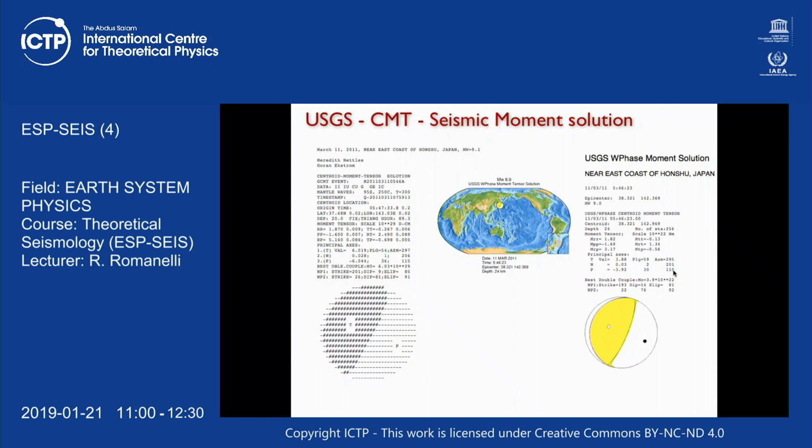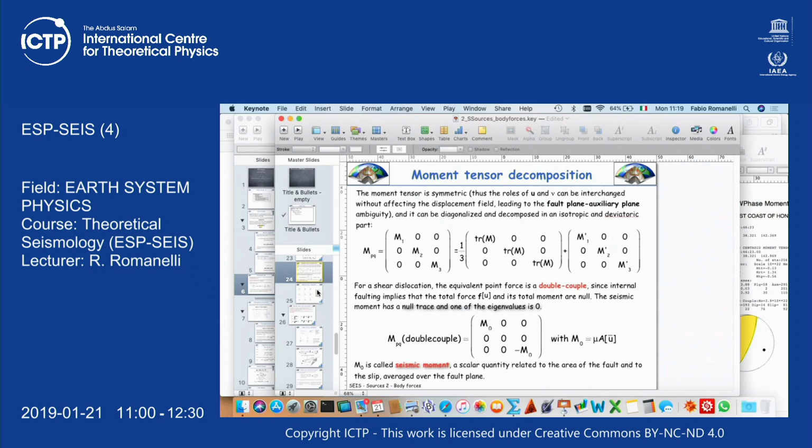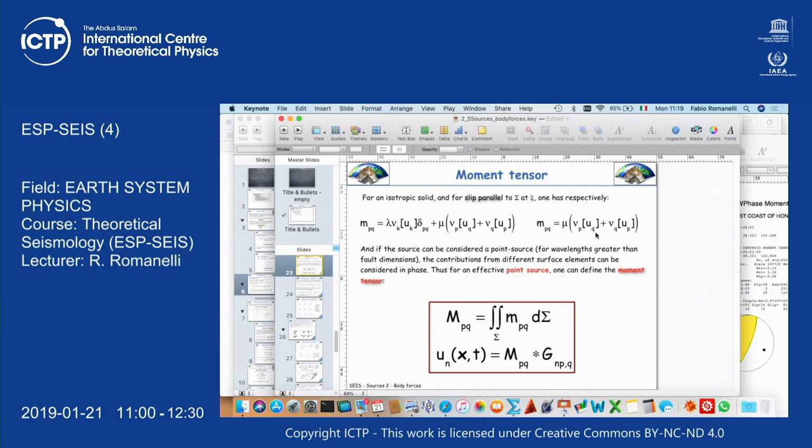We cannot distinguish between n and u in this direction and vice versa. Remember, it's symmetric, so it's the ambiguity. Only one is the source, but we cannot distinguish it from seismic waveforms. It's still related to this symmetry here. Remember, n and u here can be exchanged. So it's symmetric. Good news, just 6 components, just 3 if you diagonalize it. The bad news is that you cannot distinguish between u and n. That's why it's double there.